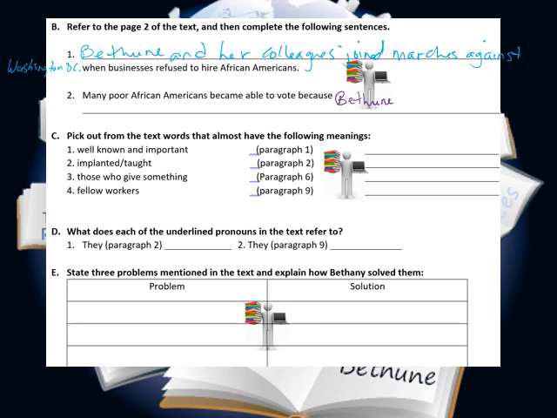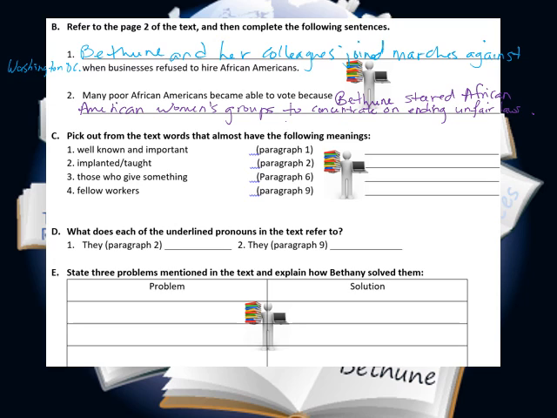Bethune steered African American women's groups to concentrate on ending unfair laws.